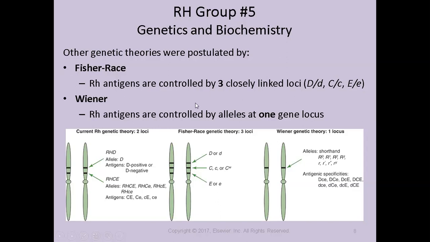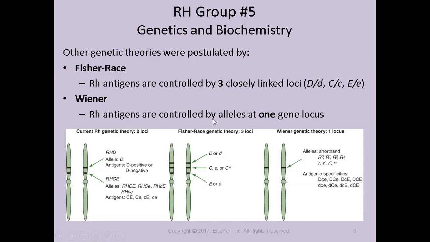Wiener, on the other hand, said that there's only one gene locus and that all of the alleles are inherited from this one locus. Okay, so let's compare. So our current theory, here we see chromosome pair number 1. We can see RhD on one chromosome and then the CE on the other. And so we're going to get some information from one of our parents and then information from the other.